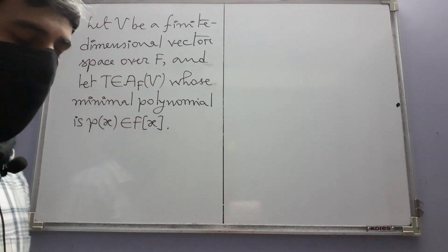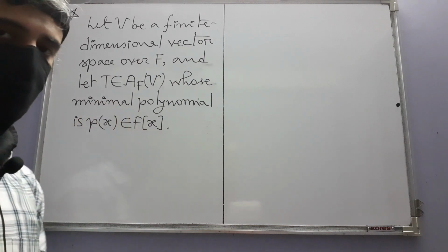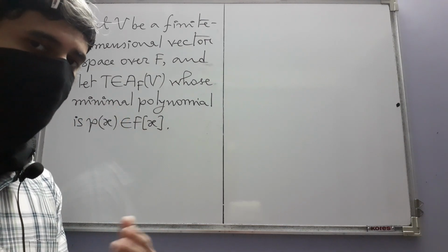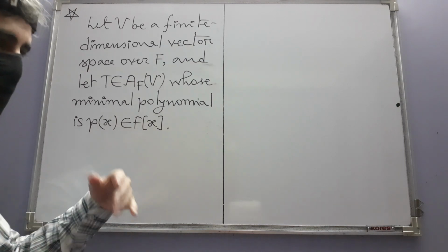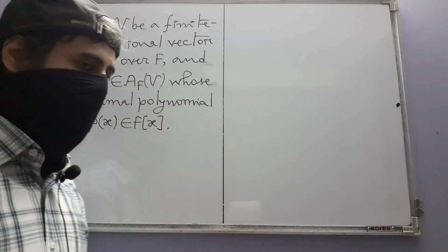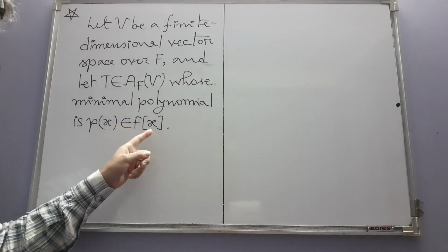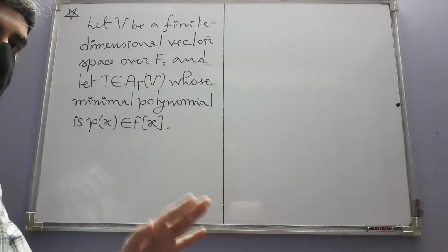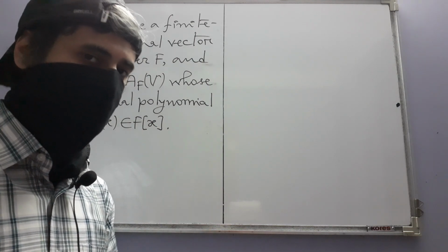Then what did we do? We recognized the fact that since P of x is the minimal polynomial for T, it is neither 0 nor a unit in this ring, and this ring being a Euclidean ring is a unique factorization domain. So such an element in such a ring has a factorization as a product of powers of irreducible elements.